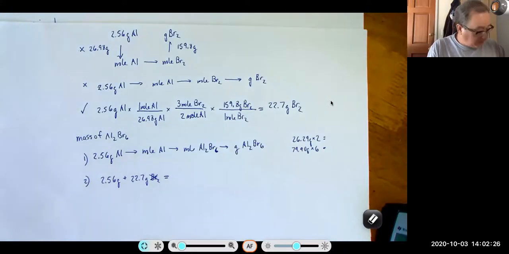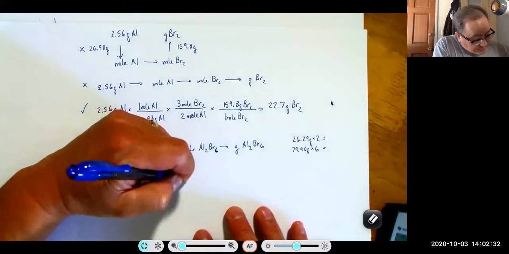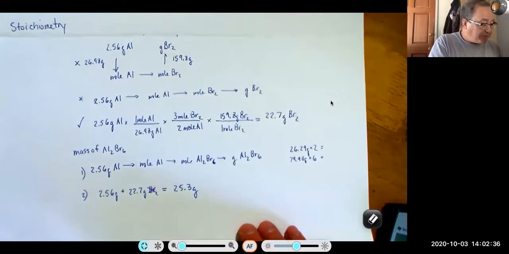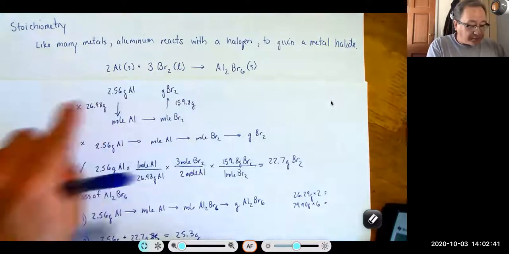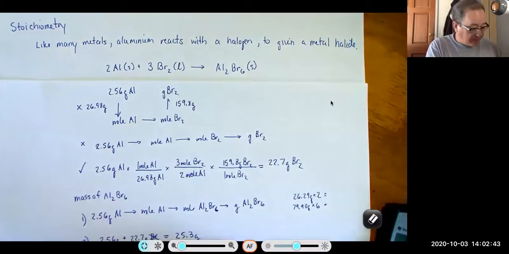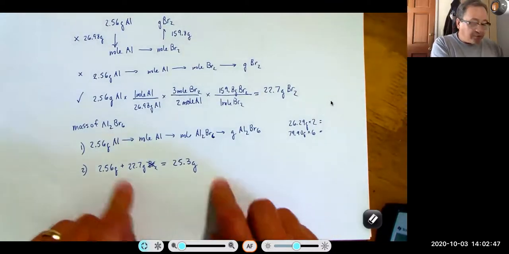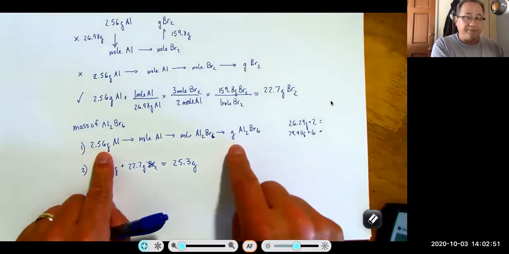The total mass is 25.3 grams. Well, according to the law of the conservation of matter, if we start off with 25.3 grams, we should end up with 25.3 grams. So I'm going to leave it to you to discover if we do get 25.3 grams using this method.